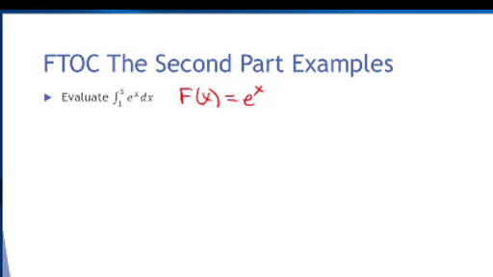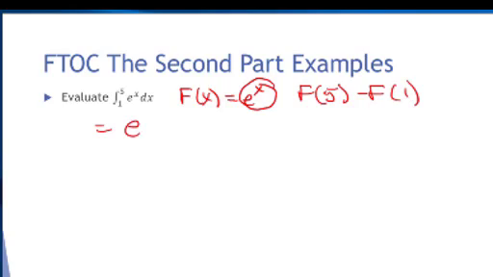So what that tells me is that this integral should be equal to the antiderivative evaluated at 5 minus the antiderivative evaluated at 1. In other words, it's e to the 5th minus e to the first power, which is of course just e. So it's e to the 5th minus e. That's it.